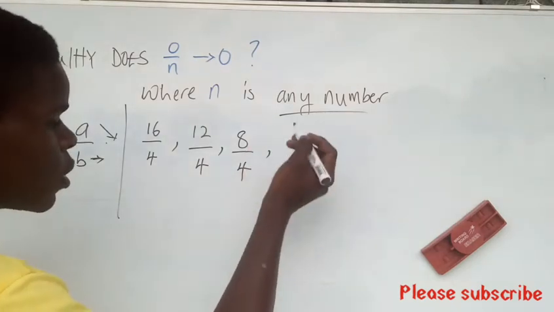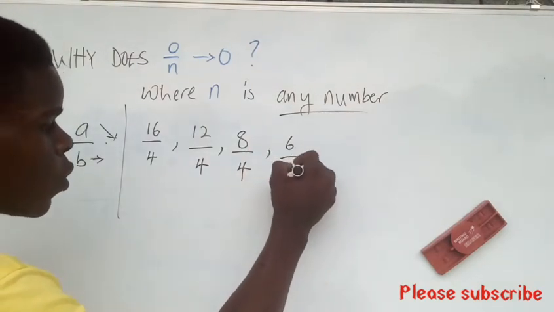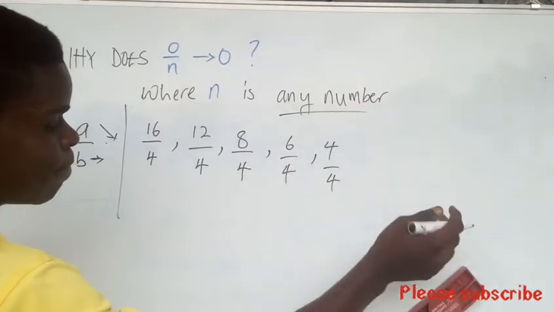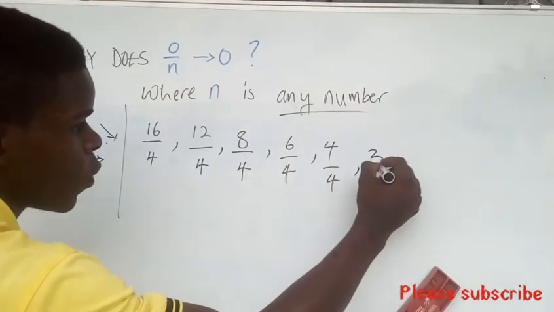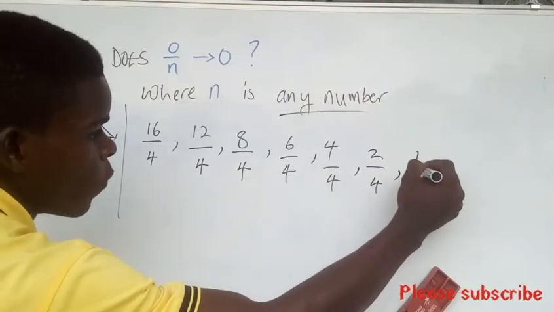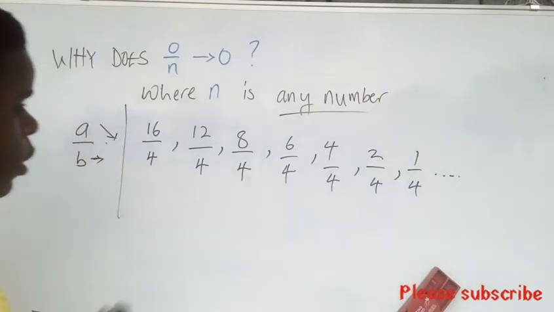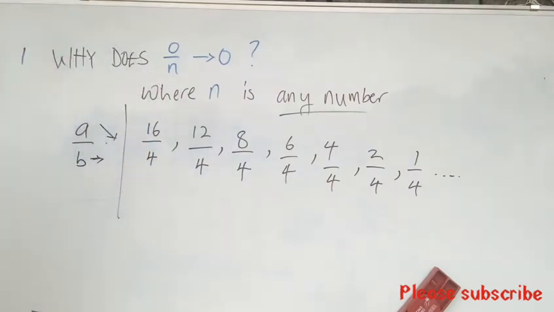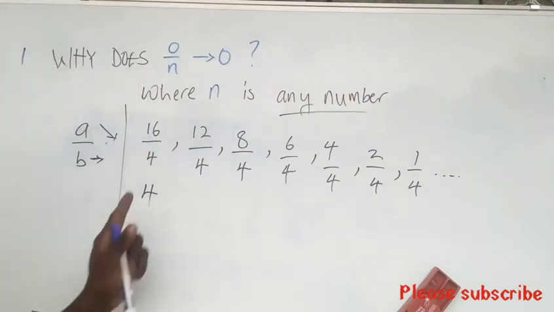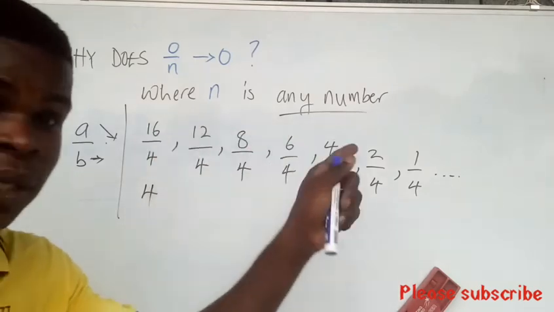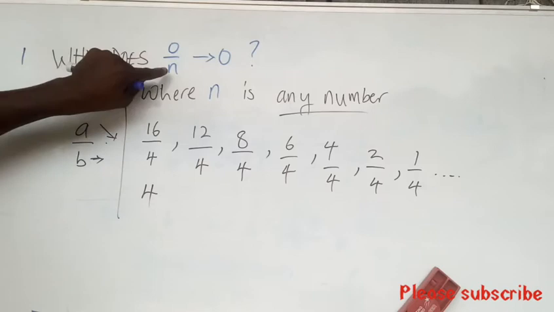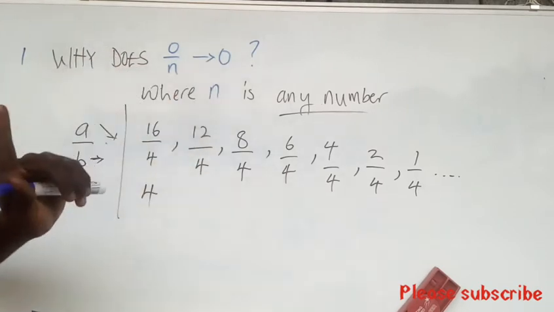Let's continue: 6 over 4, 4 over 4, 2 over 4, 1 over 4, and so on. Constant denominator and reducing numerator. I want to show us that 0 over any number n, the result will be 0.